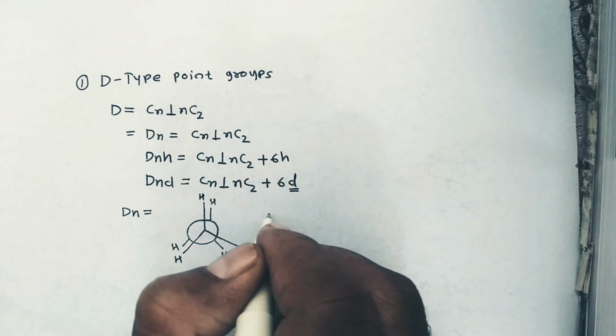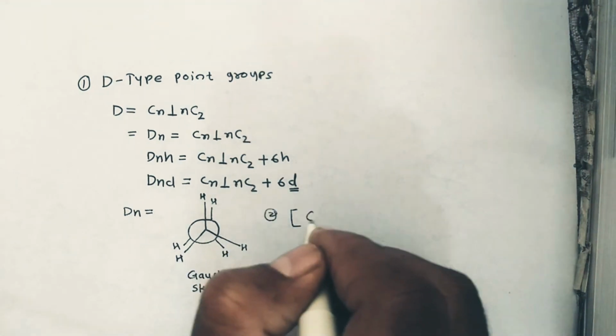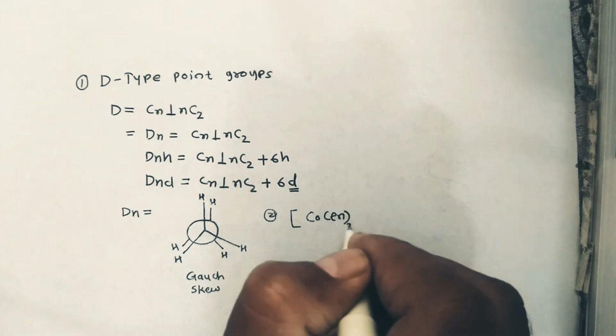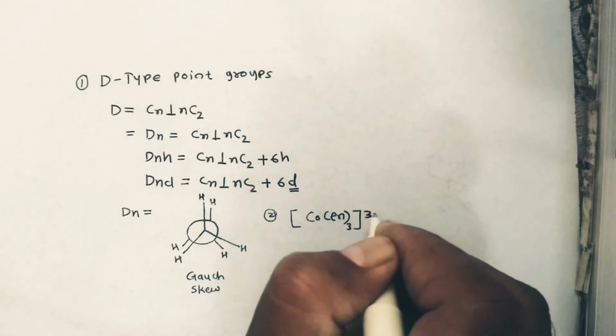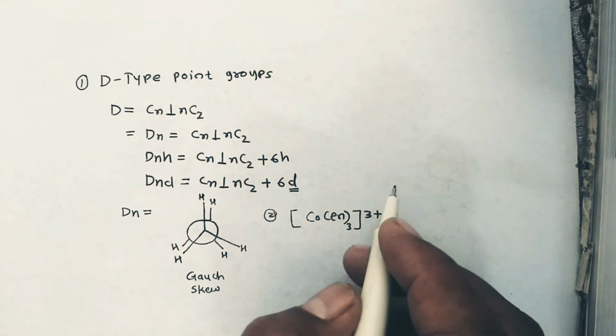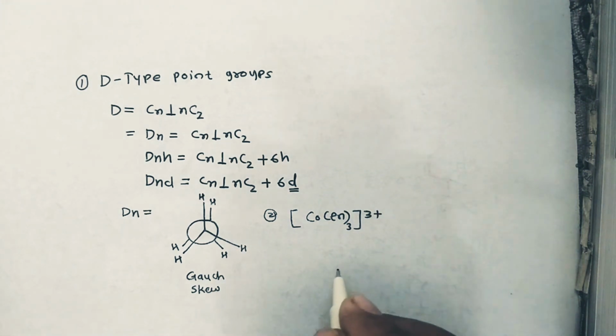Second example is the coordination complex, that is Co(en)3 3+, tris-ethylenediamine cobalt(III). The structure of this compound looks like this.